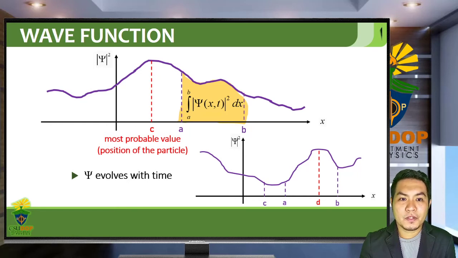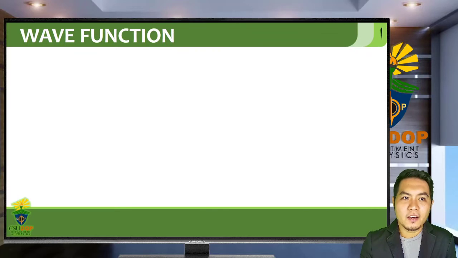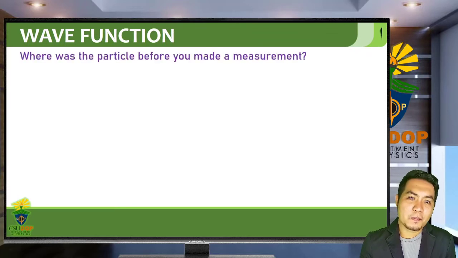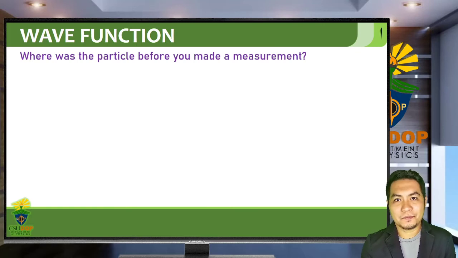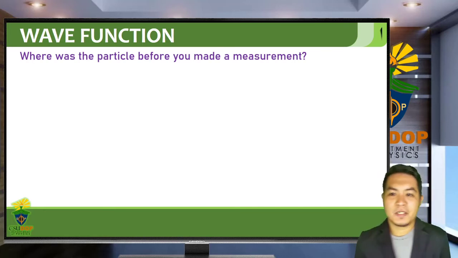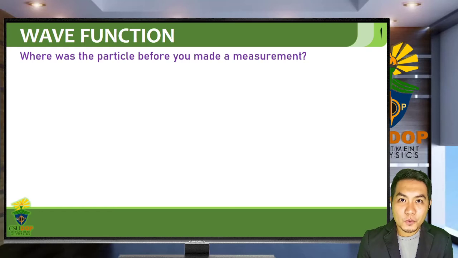So the question now is, when you measure the position of the quantum particle, where was the particle before you made the measurement? This is actually a very mind-boggling and tricky question. There are two schools of thought, or interpretations, for the answer.